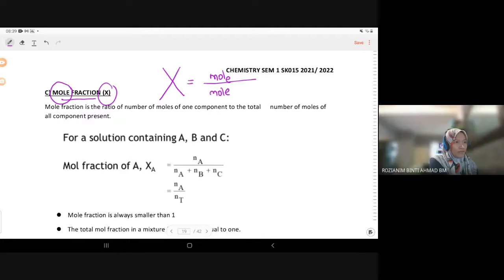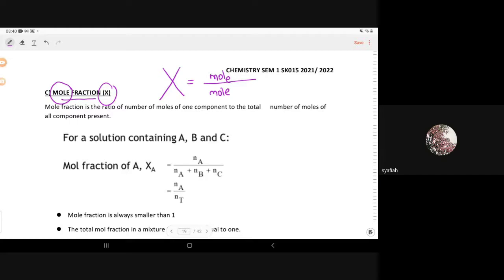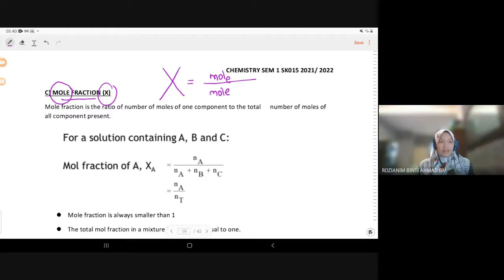Okay Safia, cuba teka je dulu. Mole fraction ada unit ke tidak? Teka je, salah tak apa. Ada ke tidak? Safia, mole fraction kita discuss sekarang, ada unit ke tidak? Okay, tak boleh.